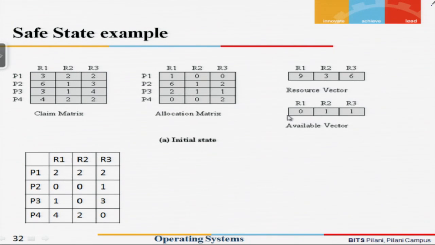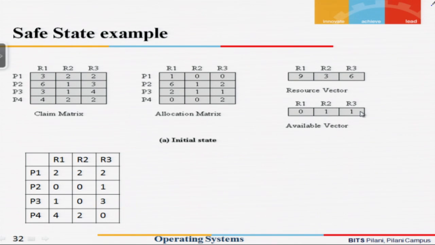Work is initialized to availability, so in the beginning work is 0 1 1. When P2 releases, P2 will release 6 1 2, so now this will become 6 2 3. So your availability vector will become 6 2 3.